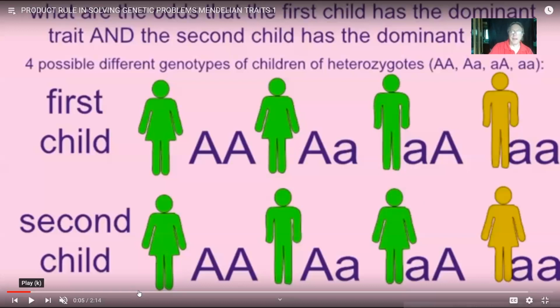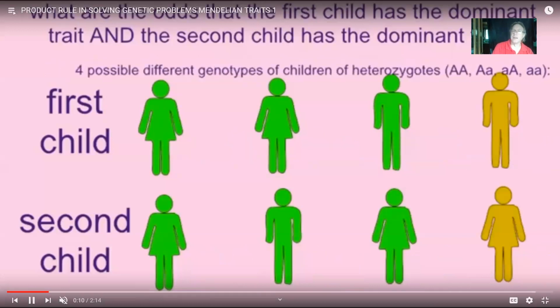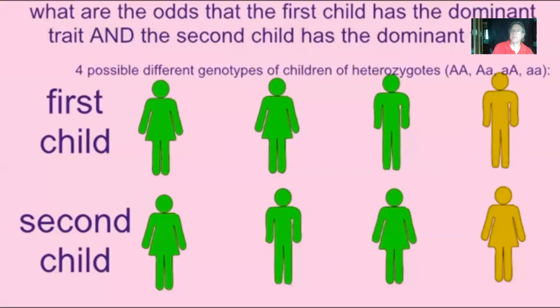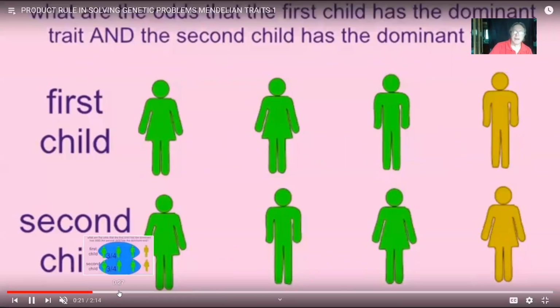And if they were then to ask, all right, if we're planning to have 2 children, what are the odds that both of the children would have the dominant phenotype, would not have cystic fibrosis? Well, once again, here's the law of the product, in that these are independent events.